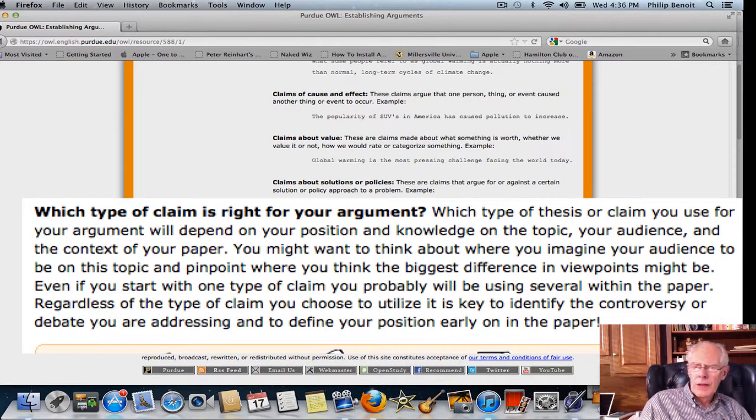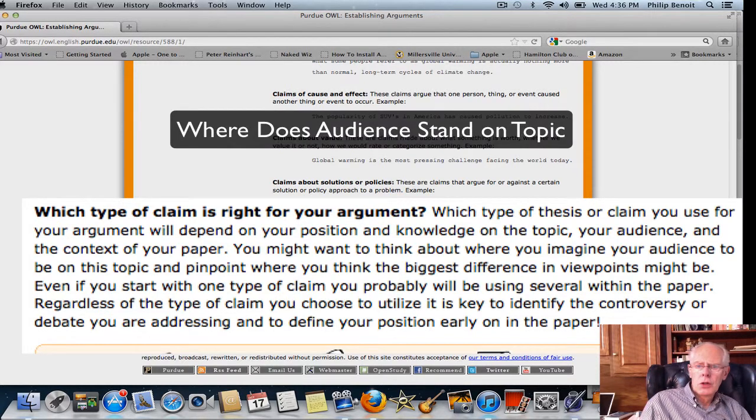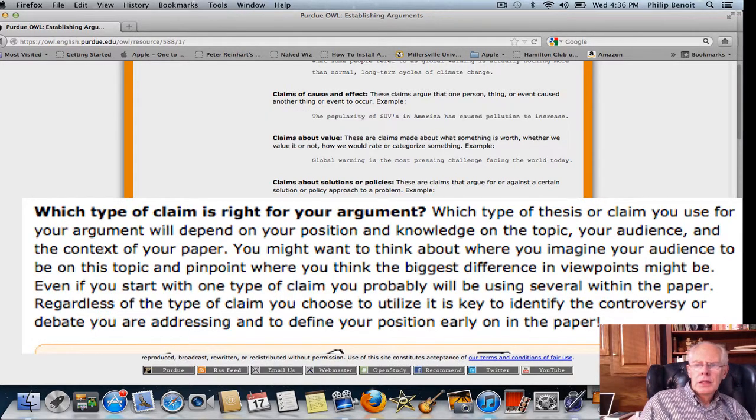You might go with a value claim there, and so on. You might want to think about where you imagine your audience to be at this point and pinpoint, it says, where you think the biggest difference in viewpoints might be, and then think about what type of claim you want to establish.